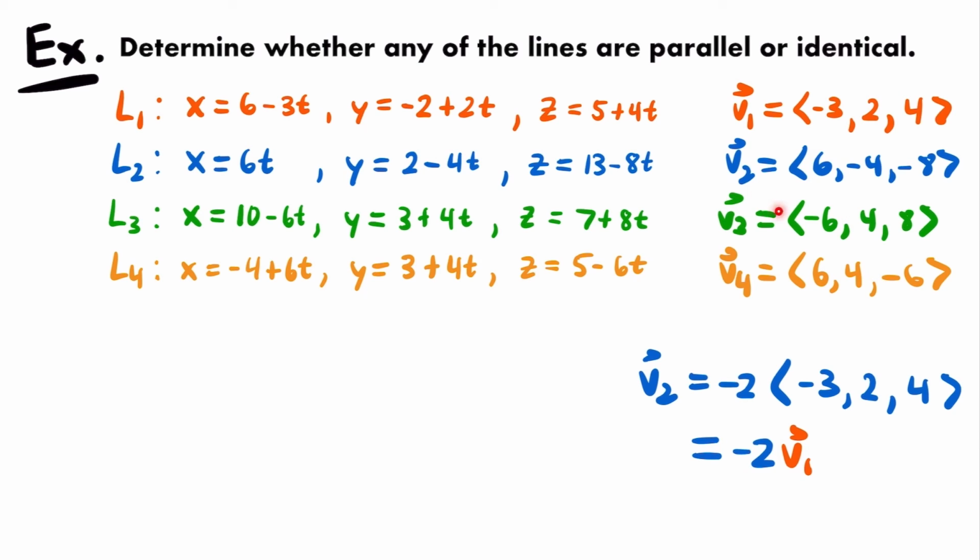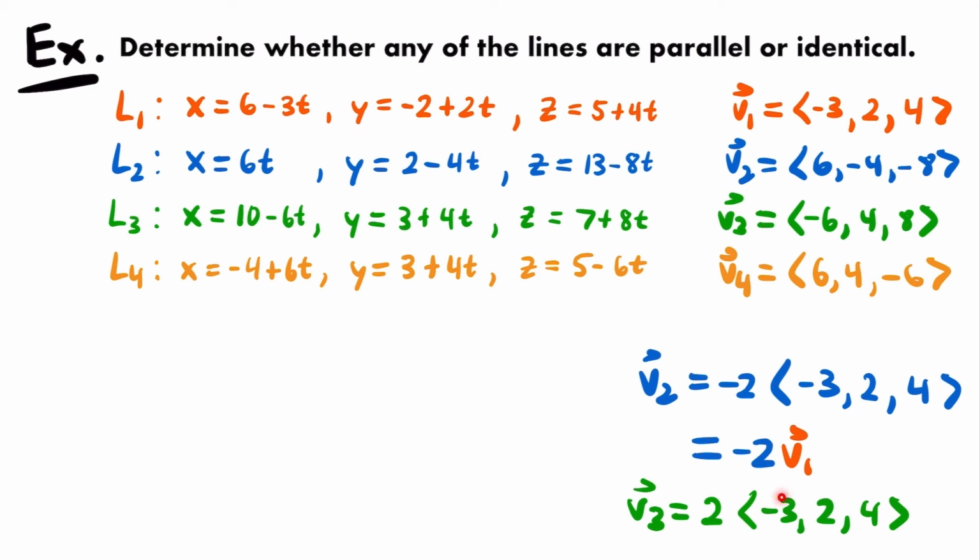And if we look at vector v3 here, notice that we have very similar components to vector v2. We have -6, +4, and +8. Essentially the same exact components except of the opposite signs. So if we were to pull out +2 out of each of these components, watch what happens. Vector v3 would be equal to that +2 multiplied by a vector with components of -3, +2, +4.